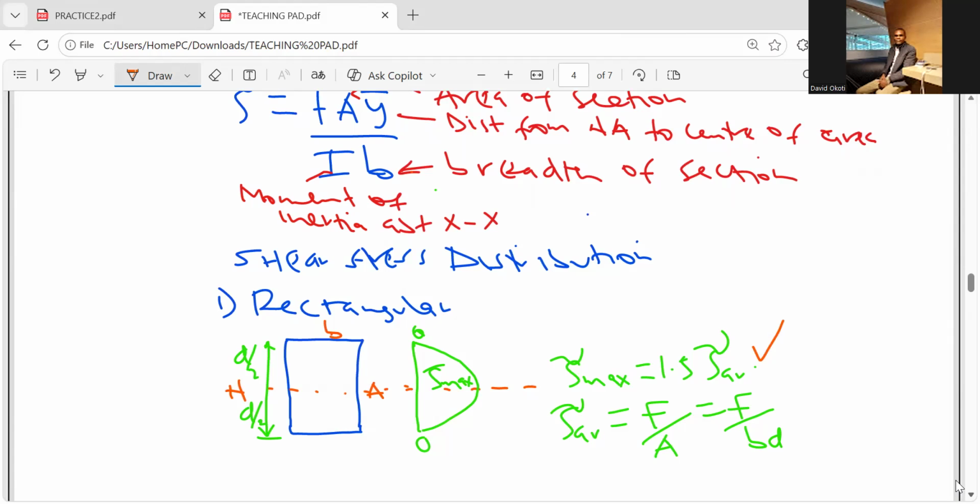This concept in structural analysis is very important when you come to real design of timber beams.